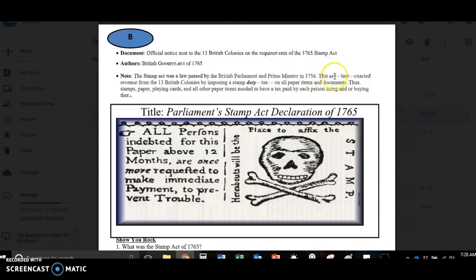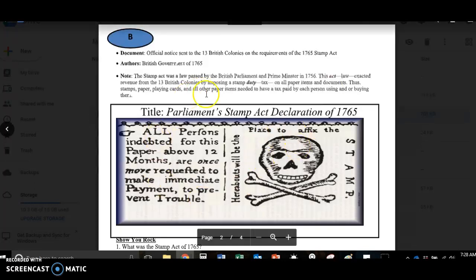Now, this act, meaning law, act is another word for law, this act, the Stamp Act, exacted revenue from the 13 British colonies by imposing a stamp duty, meaning a tax, on all paper items and documents. So pretty much this notice down here is telling the colonists that they are now required to pay a tax for any paper item that they buy or use.